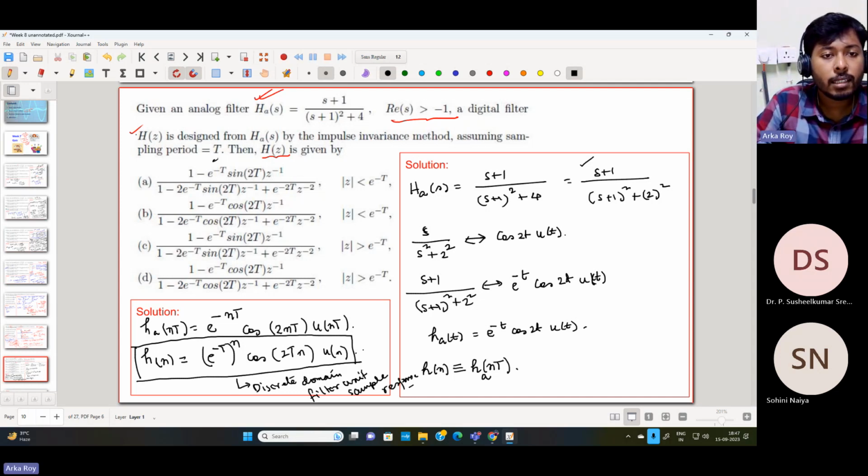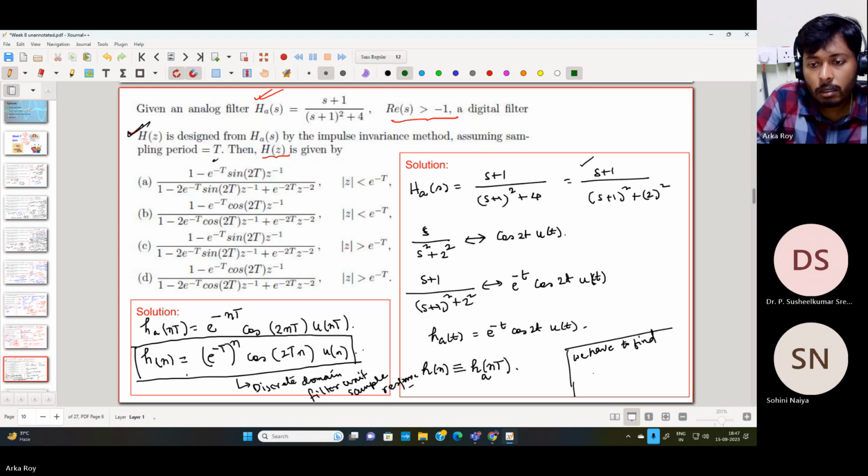But what we need is to find this H(z). That means we have to take the z transform of this, so that we can get H(z).